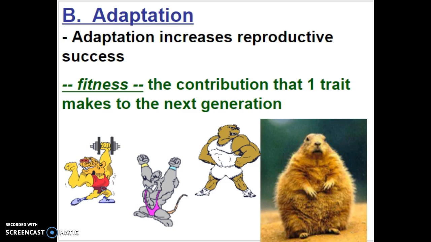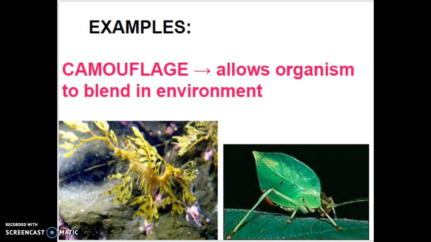Evolutionary fitness is the contribution that one trait makes to the next generation. Adaptations that make an animal more evolutionarily fit mean that animal will survive and reproduce, and their offspring will also survive and reproduce, because these adaptations are an advantage.